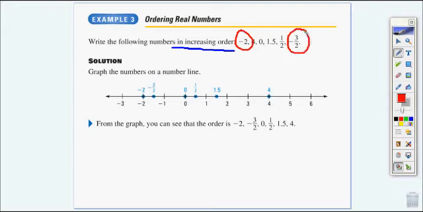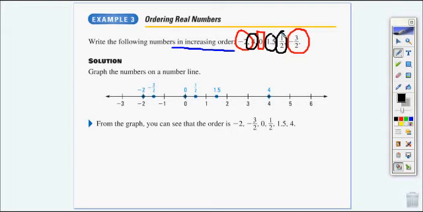So I know those are going to be to the left of the origin. I also have the origin, which is a 0. Now, in the black, I have a 4, a 1.5, and a 1/2.